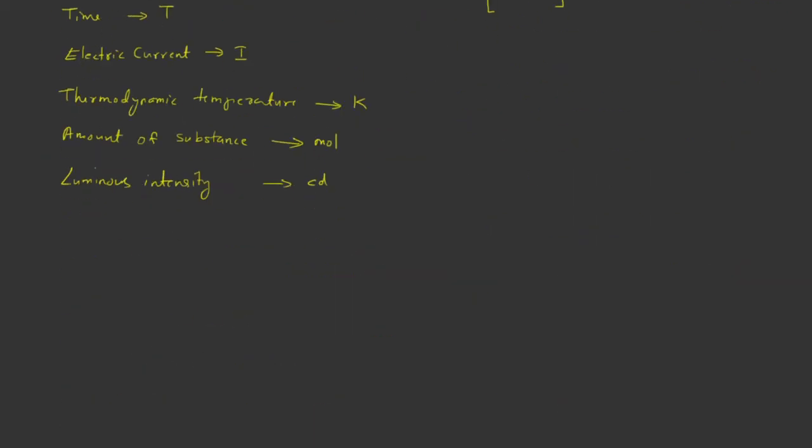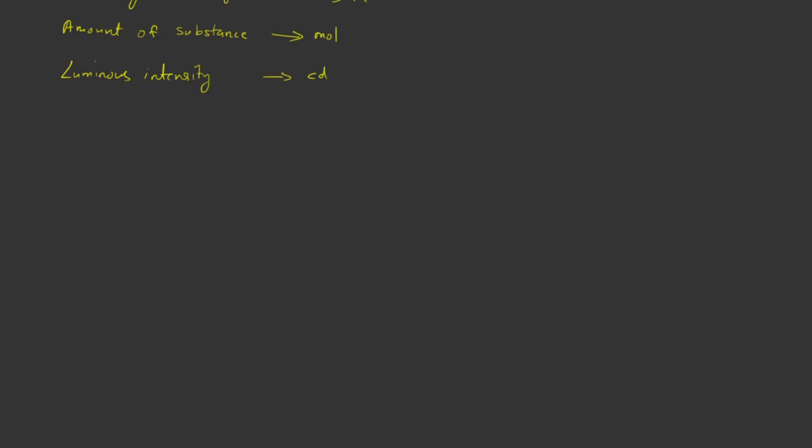So we are going to write it like an equation, that is, velocity is equal to L T raised to minus 1, and force is equal to M L T raised to minus 2. So we write this as an equation.